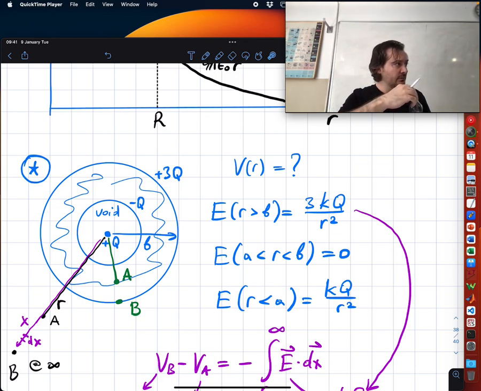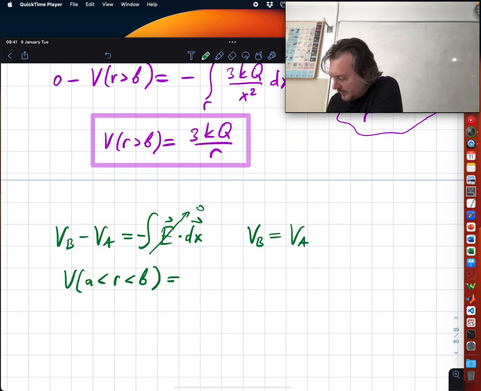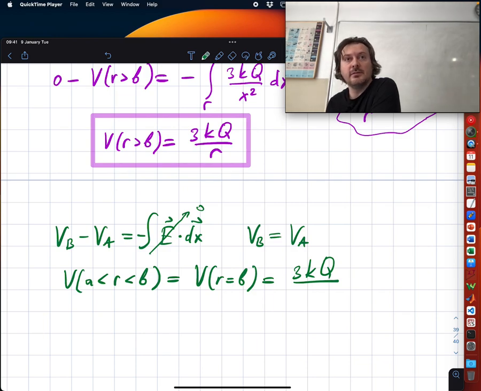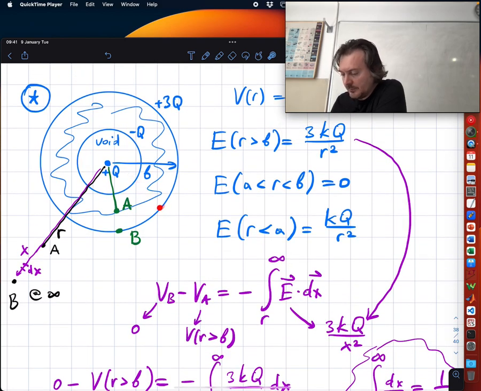Başak, are you following all this? So V between A and B is simply V for r equals b, which is 3kq over capital R, which is b, because I have a formula for the outside and I'm applying it at the surface, which is at a distance b.